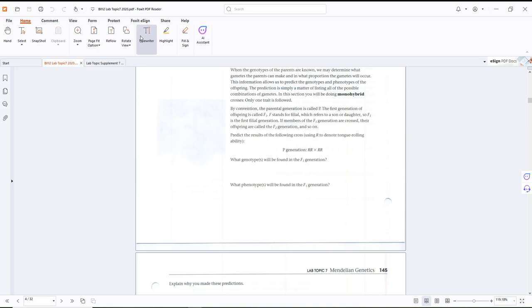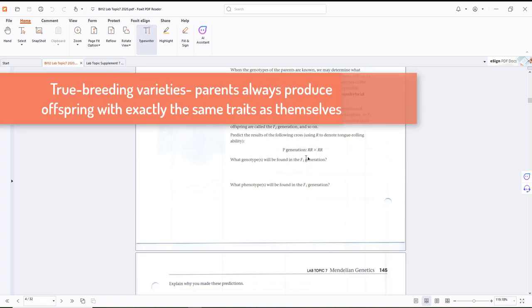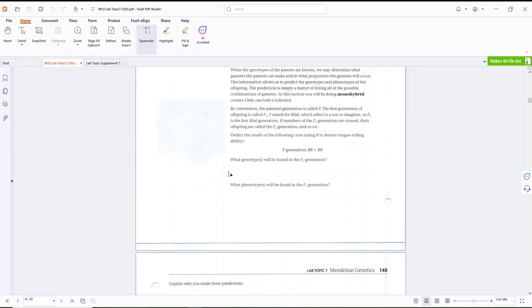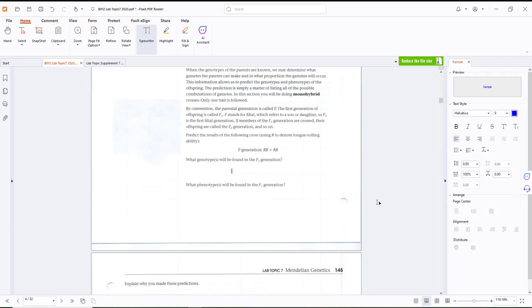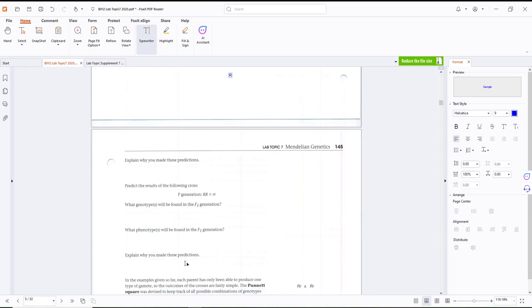True breeding varieties are always going to be homozygous. So here we have homozygous dominant with a homozygous dominant, and they're only going to produce homozygous dominant F1 generation, right? So big R, big R. What is the phenotype? They're always going to have whatever the dominant allele is.